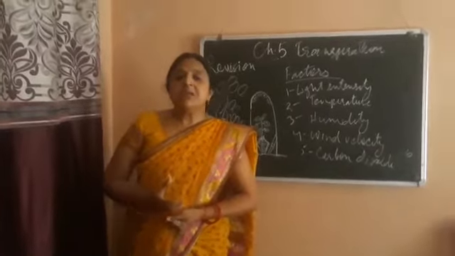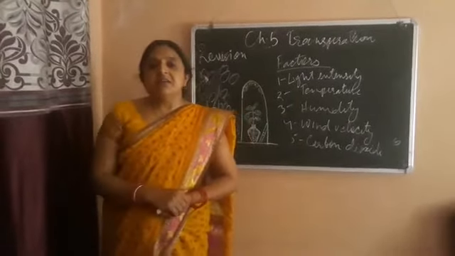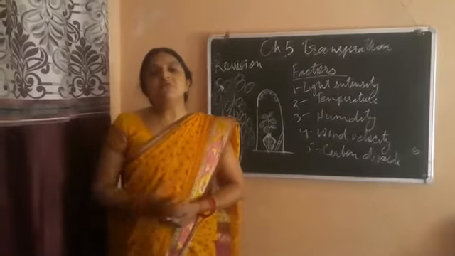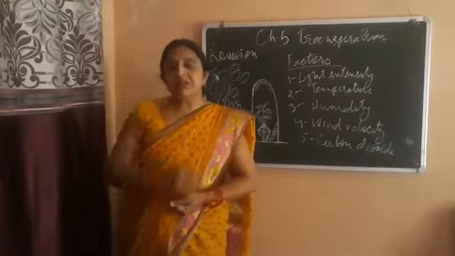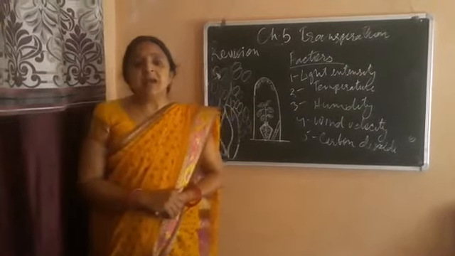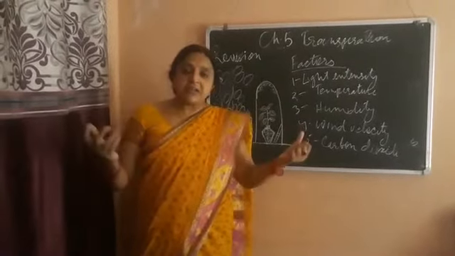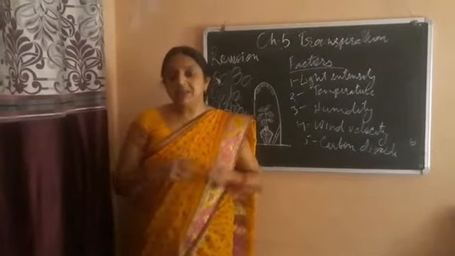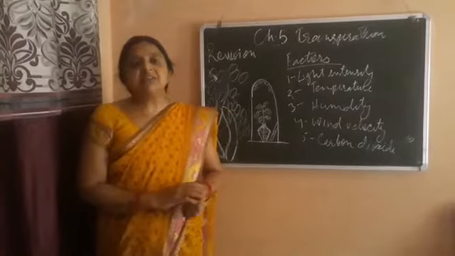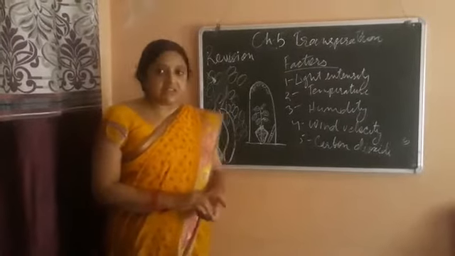So because of transpiration, water moves easily, and ascent of sap occurs easily in long trees. Also because of transpiration, translocation, meaning movement of food particles, occurs easily in all parts of the plant. These are some advantages, and now the disadvantages.